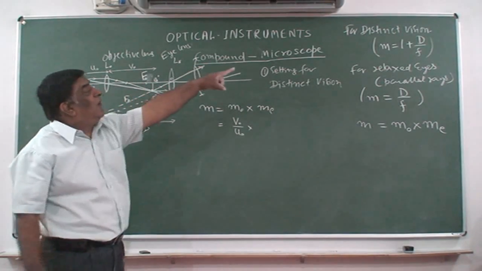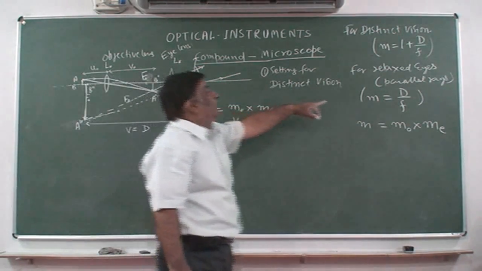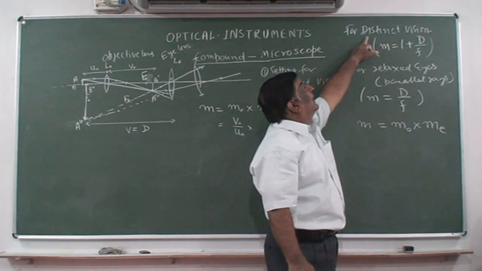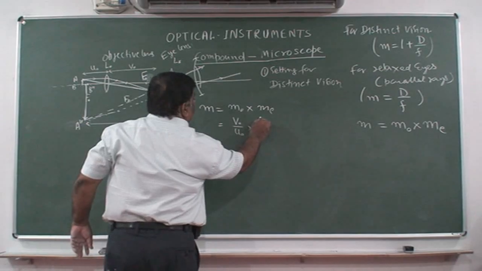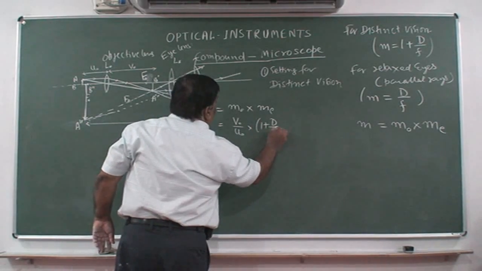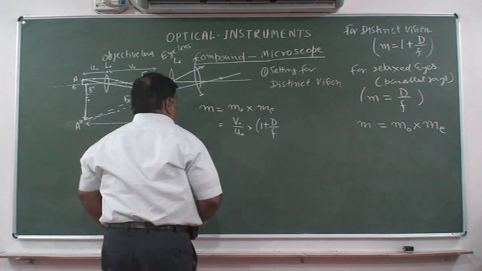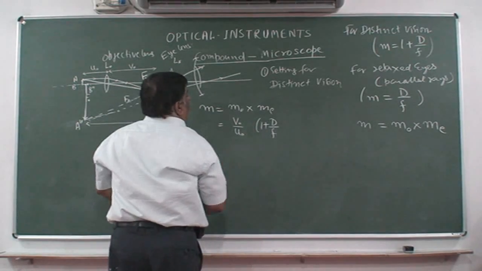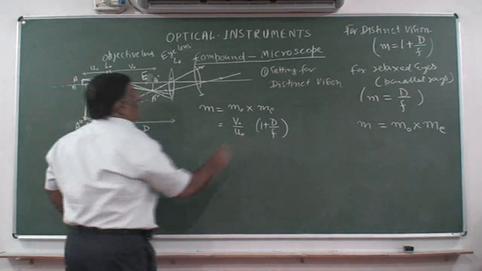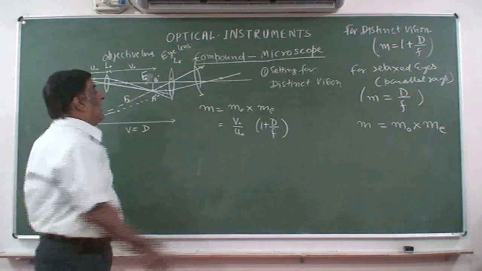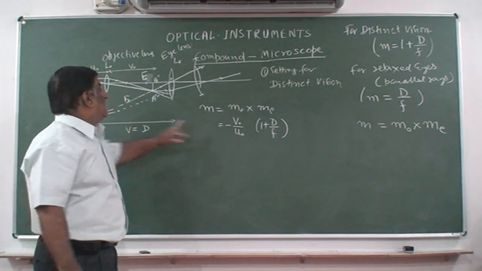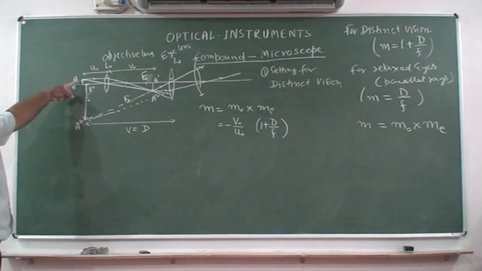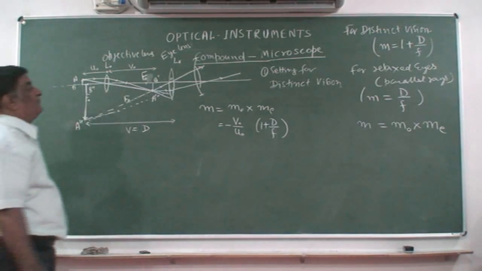So we can use the formula of simple microscope. Which formula? This or this? We are doing it for distinct vision, so we will use this formula. So this is 1 plus D upon F. We need not write this. So this is magnification formula for, and here we will write minus. Why minus? Because the image finally you will see is inverted compared to this.